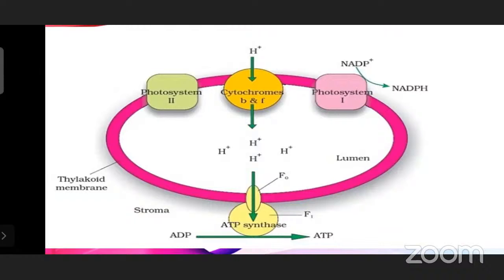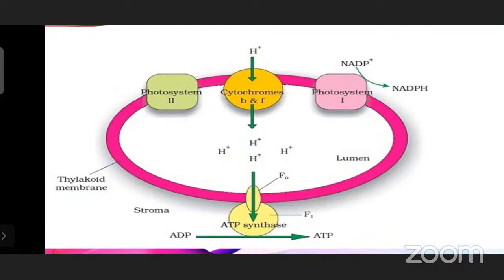So light reactions get taken place in the grana thylakoid membrane, but the formation of ATP and NADPH is in the stroma part, because further the dark reaction, that means carbon dioxide assimilation, will be taking place in the stroma, and it requires energy. That energy it is going to get from the ATP as well as NADPH.